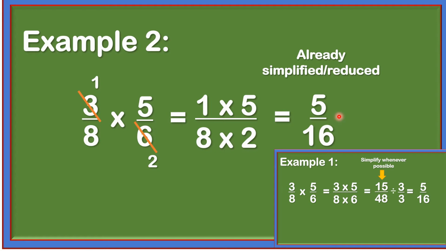Pero kung hindi nyo siya nakukuha or hindi nyo siya masyadong naiintindihan, pwede kayong bumalik dito sa example 1. Itong example 2, although example 1 pa lang din siya, pero mas madali siyang gawin, dahil naka-reduce na siya. So, ang iyong sagot ay already reduced pag ito yung ginawa mo.